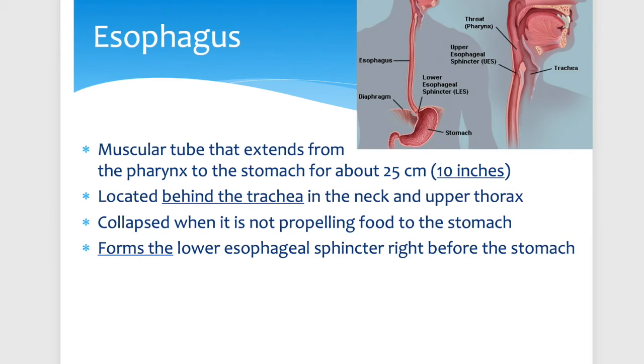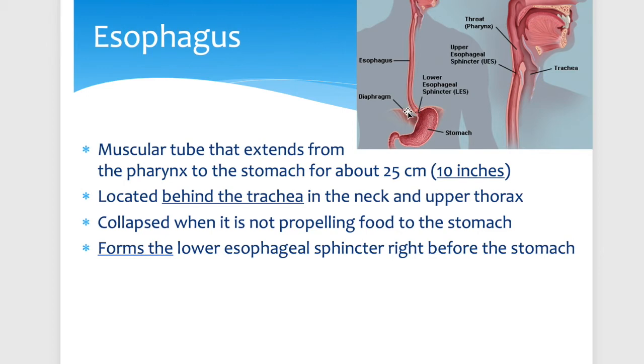Next, we have the esophagus, and that's basically just a tube of muscle that extends from the pharynx or the throat to the stomach. And it's typically about 10 inches in length. It's located behind the trachea. It's typically flat, like a flat tube, unless there is food moving through it. And at the bottom of it, it's going to form what we call the lower esophageal sphincter or the cardiac sphincter, where it joins the stomach.